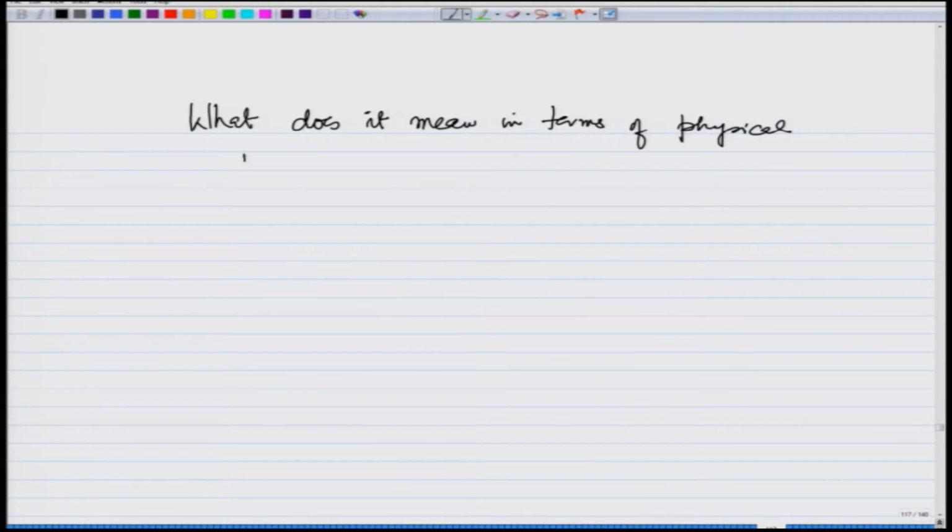So, in this lecture, let us focus on what it means in terms of physical properties of a system when there are energy bands.